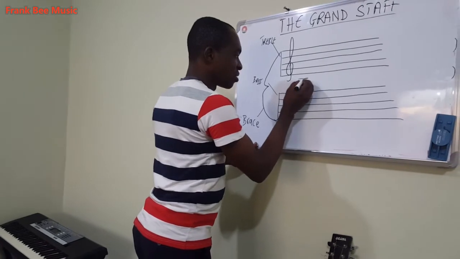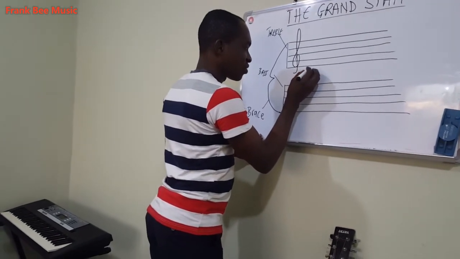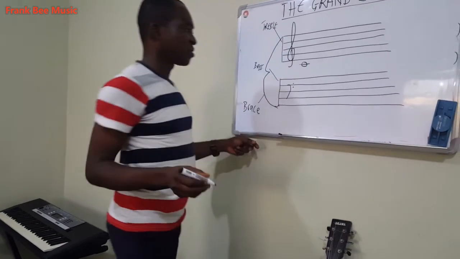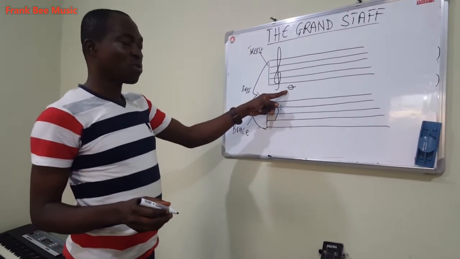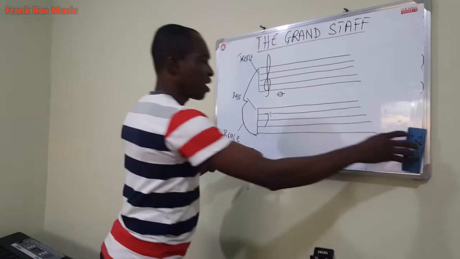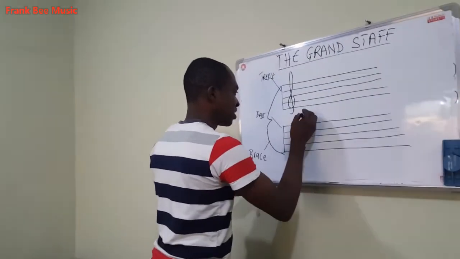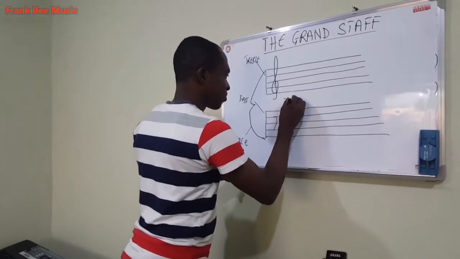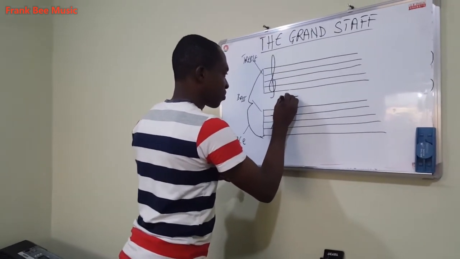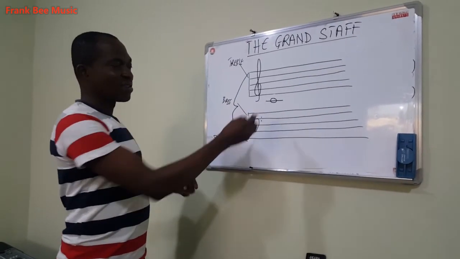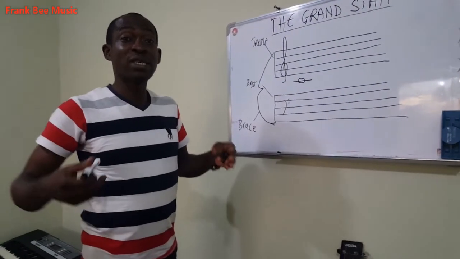So when you see something like this, it is called the middle C. Or let me do it like this. Let me bring it here so that you see it clearly. So when you see this, it means it is the middle C.